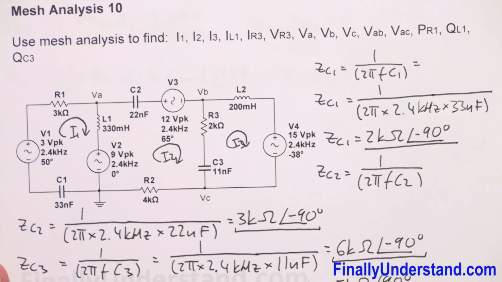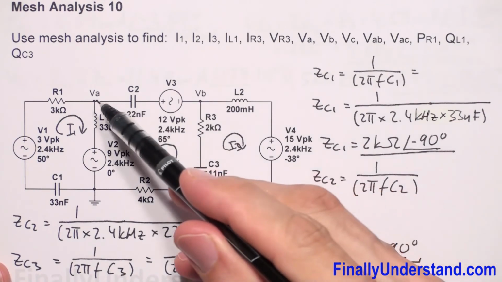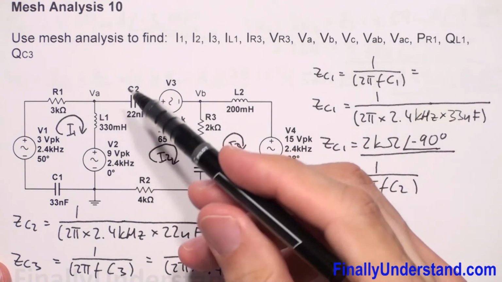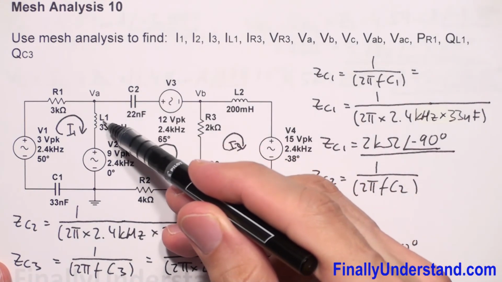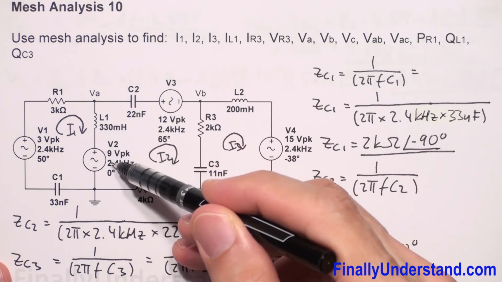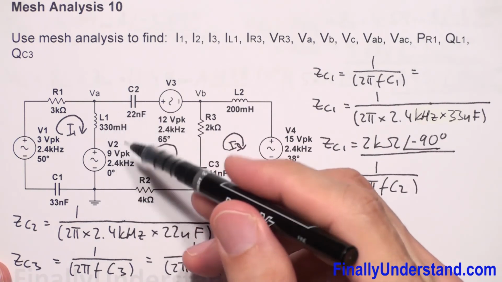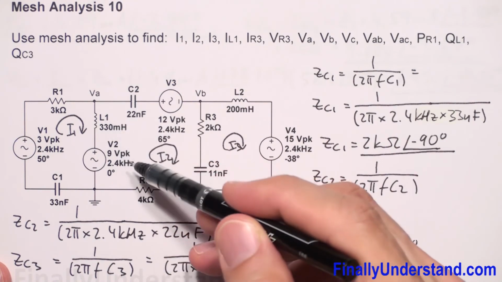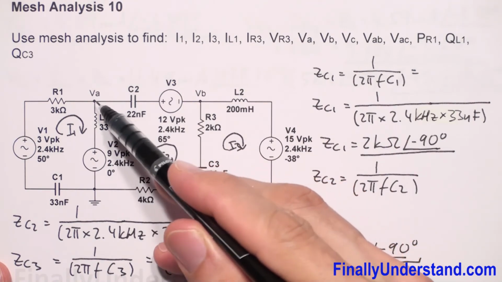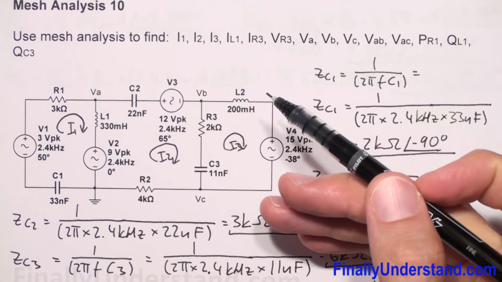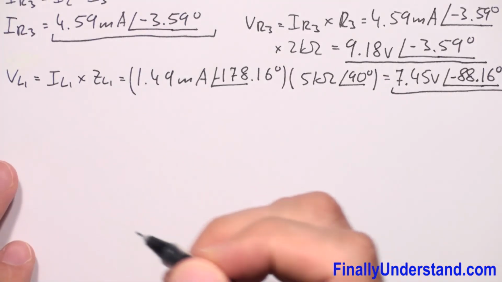If you want to find the voltage VA, you're supposed to simply add these two voltages, this voltage and this one. So I have to add VL1 to V2, and this is going to be my voltage VA. Let's write down the formula first.